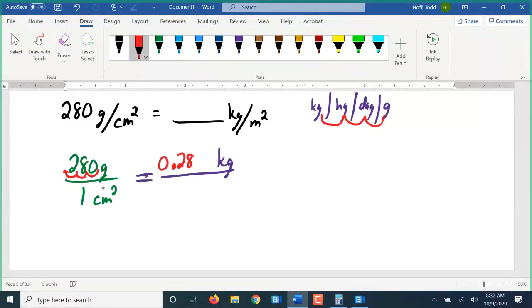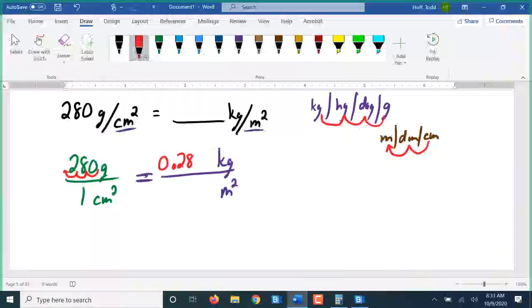Well, then we had centimeters squared going to meters squared here. So on our chart, we had meters, decimeters, centimeters. To get from centimeters to meters is 2 spots to the left, but this is centimeters squared and meters squared. So every spot on the chart is 2 decimal places. So 2 spots on the chart, 2 times 2 is 4 decimal places.